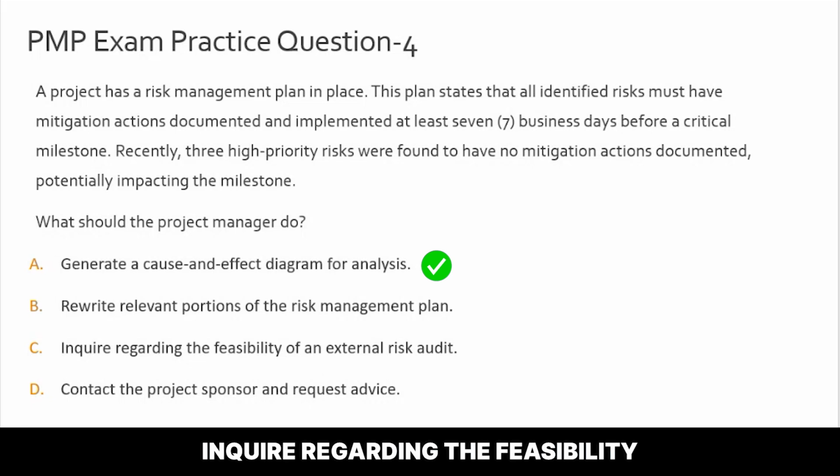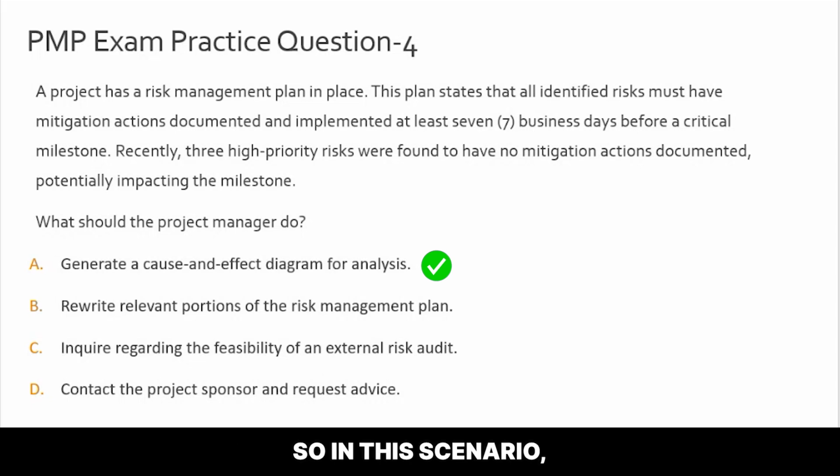Let's look at option C. Inquire regarding the feasibility of an external risk audit. Okay, now an audit is a formal and often intensive process. As a project manager, I hope you are aware of that. Now while it may help in understanding compliance issues, whether the audit is external or internal, it is not an immediate or targeted solution to the problem at hand.